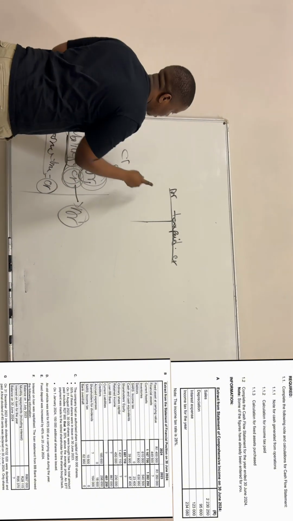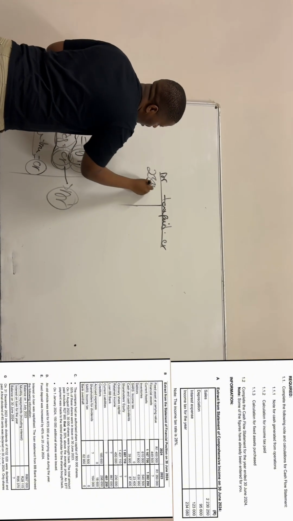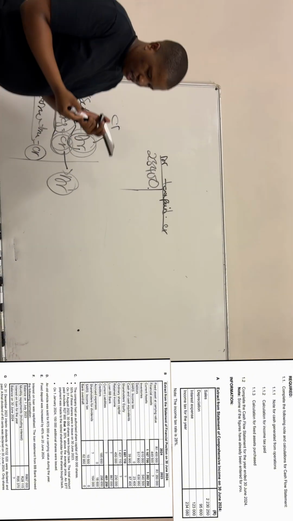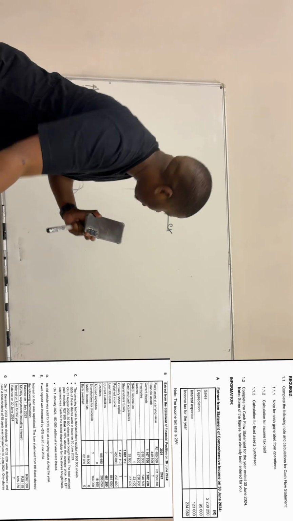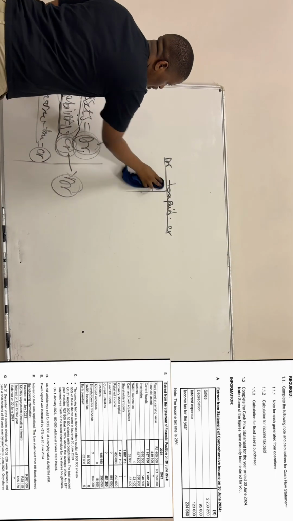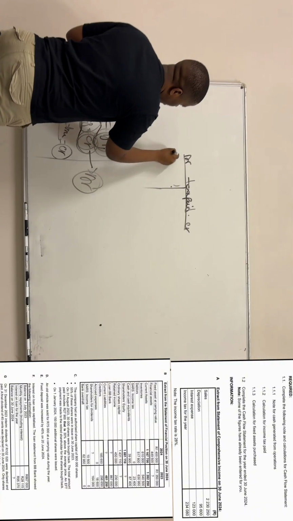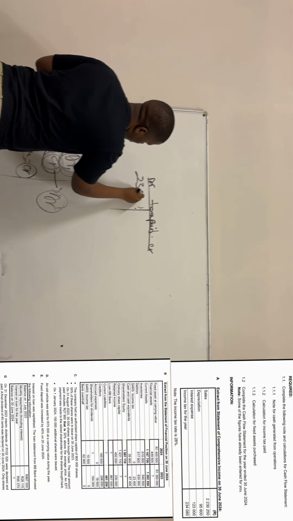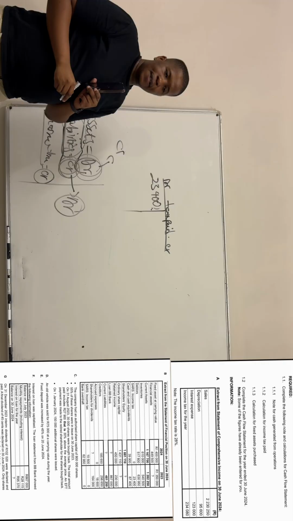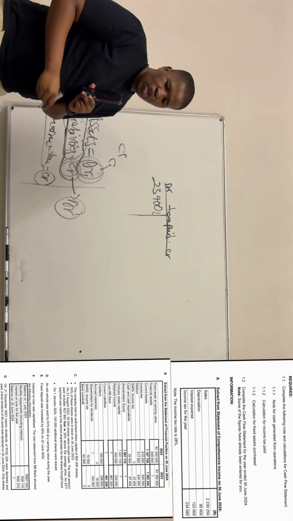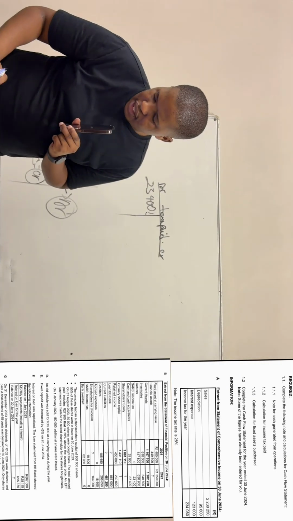So you come to the debit side, you say 23,400. Wait, my handwriting. Sorry, guys. Yes. Step number two, we record income tax.